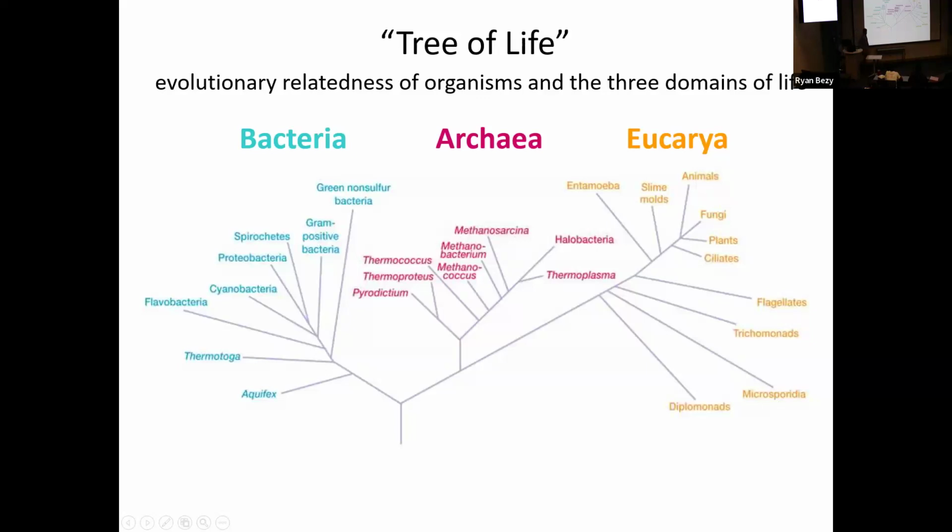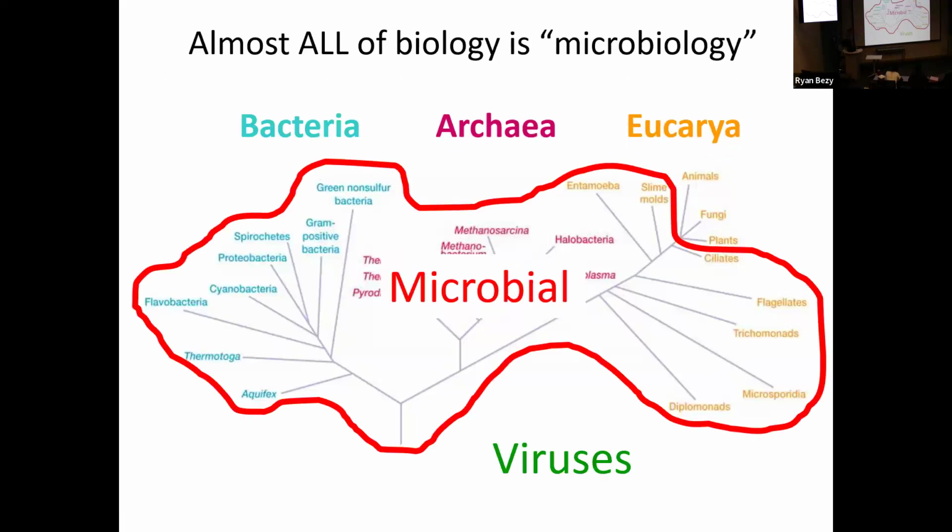We're going to talk a little bit about now also the subdivisions in some of these different domains as well. Now, the one thing I want to point out though, if we look at this tree, most of the tree is microorganisms. So the vast majority of species on the planet are going to be microorganisms and microbiology.